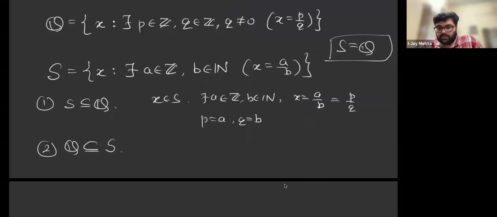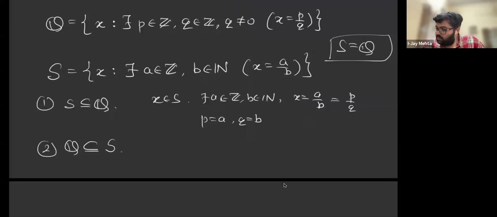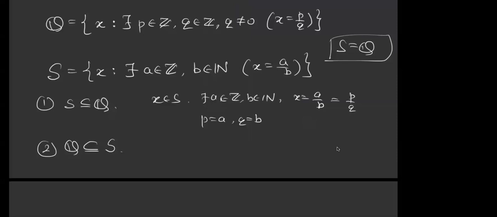Okay, room number 9, Rigved. Where do we start? I want to show that Q is a subset of S. So from where do we start? Let X belong to Q. Yes, very good.